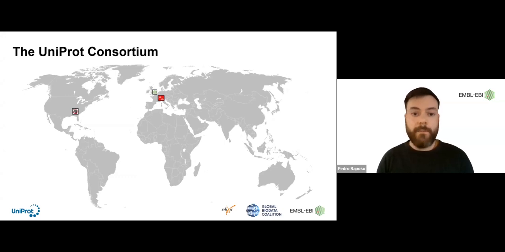And we are a consortium composed of 3 different teams. We have EMBL-EBI from the UK, the Protein Information Resource, or PIR, from Washington, D.C., and also the Swiss Institute of Bioinformatics, or SIB, in Switzerland. And our efforts coalesce together to provide you many of the services that we have on our website.